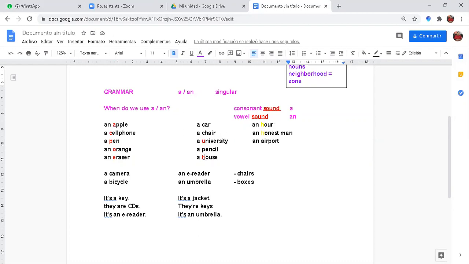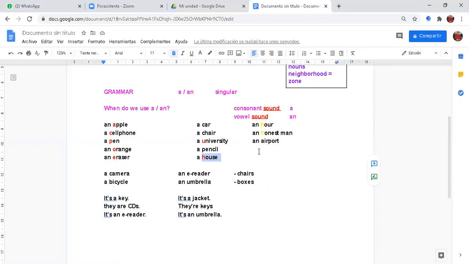But not in this case: it's necessary to pronounce H, as in house. It's pronounced, it is a consonant sound: a house. In this case, no, it is an hour, an honest man, and an airport, a vowel sound.